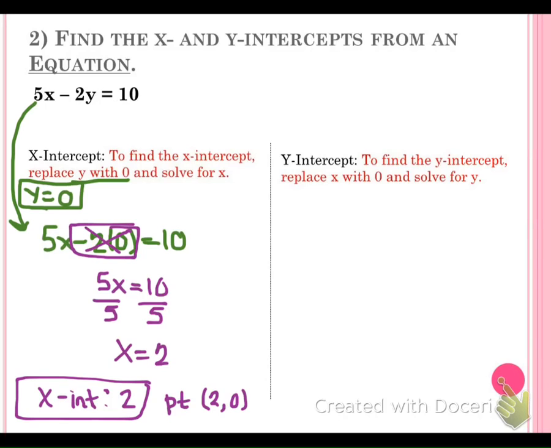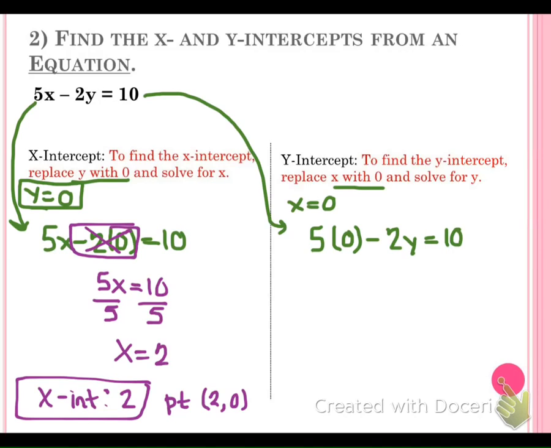Now for the y-intercept, we have to make the x be 0. So I get my function, and I rewrite it. 5x, x is 0, minus 2y equals 10, and now I solve for y. 5 times 0 is just 0, so that's gone, and I'm left with -2y equals 10.